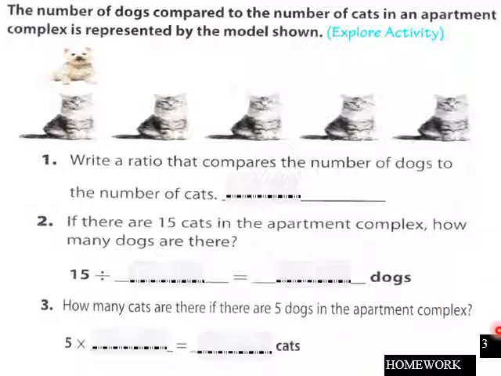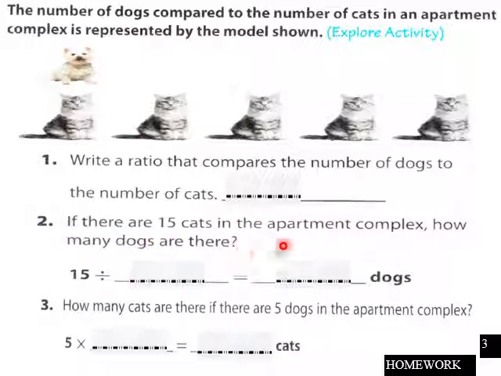Then we have page 3 of our homework. The number of dogs compared to the number of cats in an apartment complex is represented by the model shown. So we have all these cats here. Then we have one puppy dog right here. Write a ratio that compares the number of dogs to the number of cats.